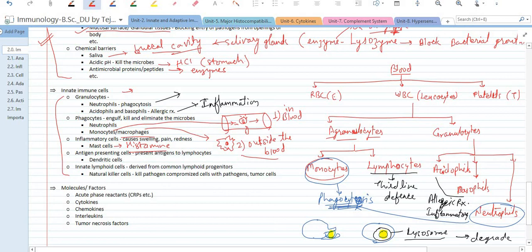Next innate immune cells are the antigen presenting cells, called APCs. The APCs are those cells which present antigen to the lymphocytes. Generally, they do not kill the pathogen, but it depends on which type of cell it is. Suppose there is a dendritic cell, then it does not kill the pathogen.